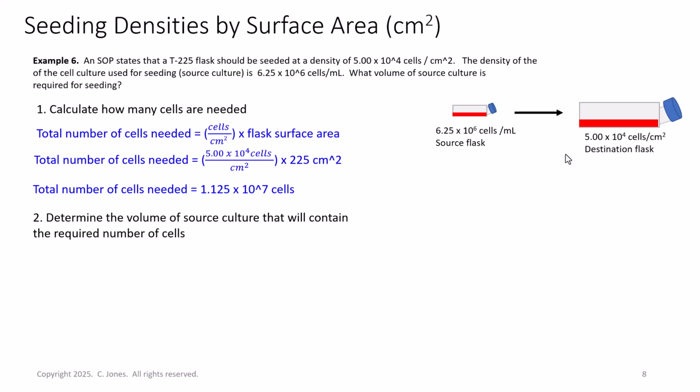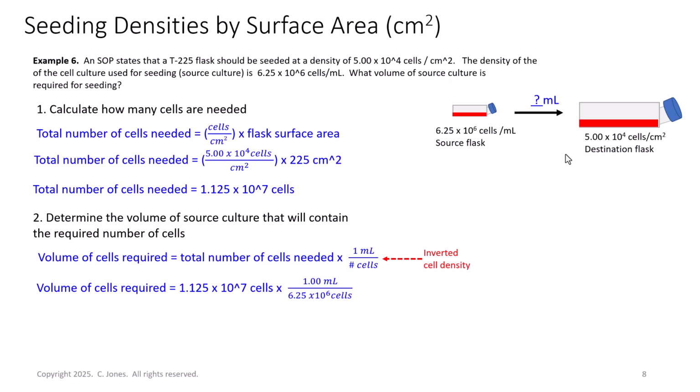All right, now we need to determine the volume of source culture that will contain the required number of cells. So just like before, we're trying to figure out how many mils of the 6.25 times 10 to the 6 cells per mil do we need to passage into our destination flask. And again, it's going to be the same thing. The volume of cells required is going to be the total number of cells needed times 1 mil over the number of cells. And again, this is just an inverted cell density.